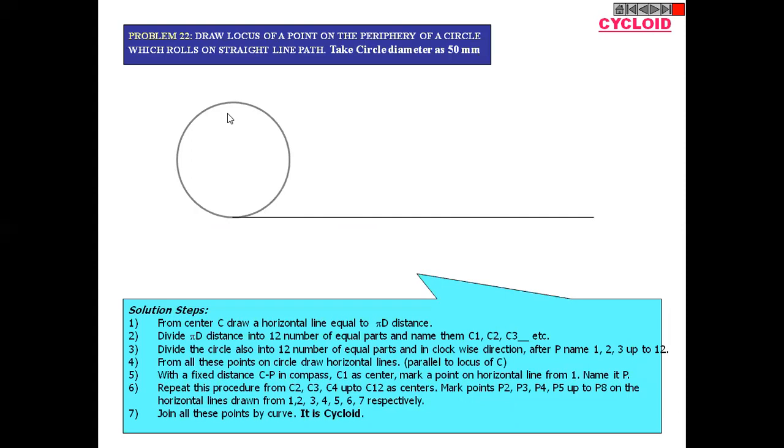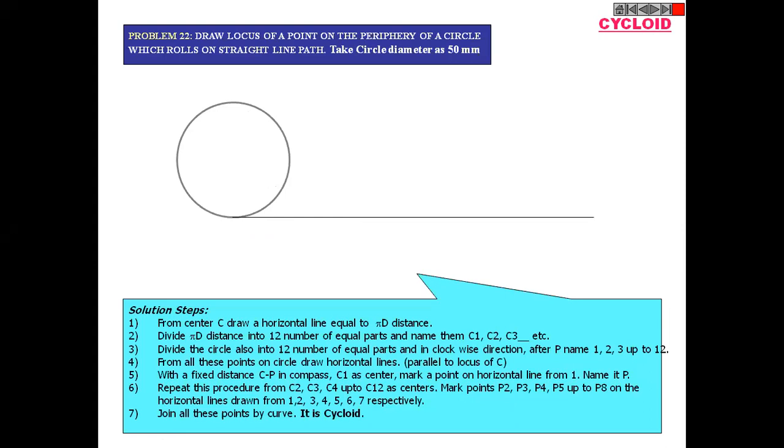As per convention, this circle is known as the generating circle and this line is known as the directing line. For each and every type of curve in later lectures, this nomenclature remains the same. So I will directly say directing circle or line and generating circle. You have to understand it and remember it.